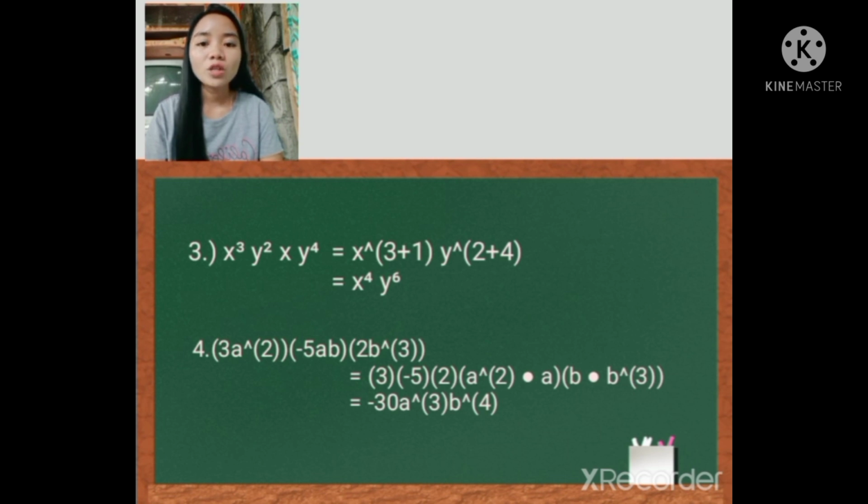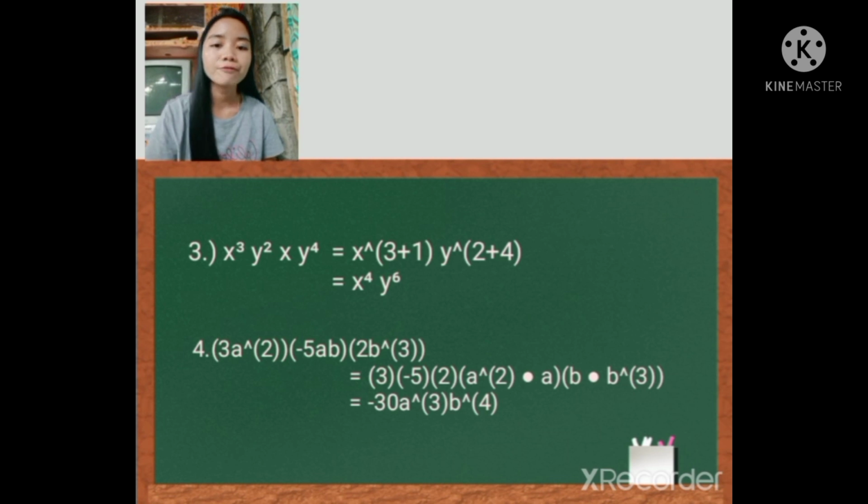For example, number 4. Our given is 3a to the power of 2 times negative 5ab times 2b to the power of 3. As what we have done in the previous examples, we will use commutative and associative properties.